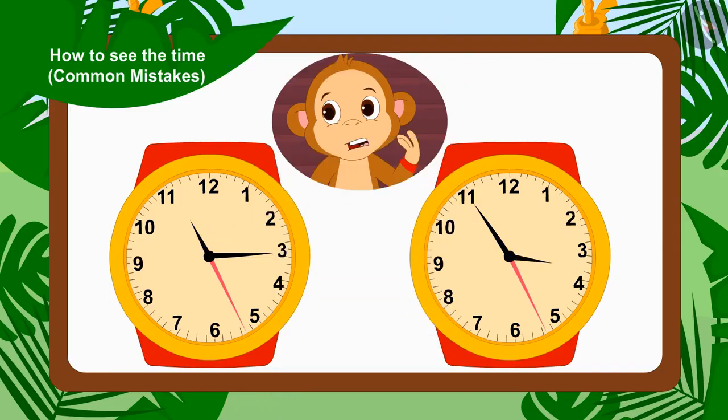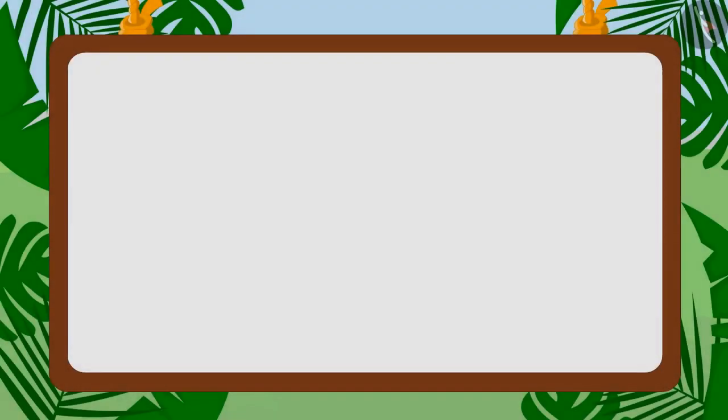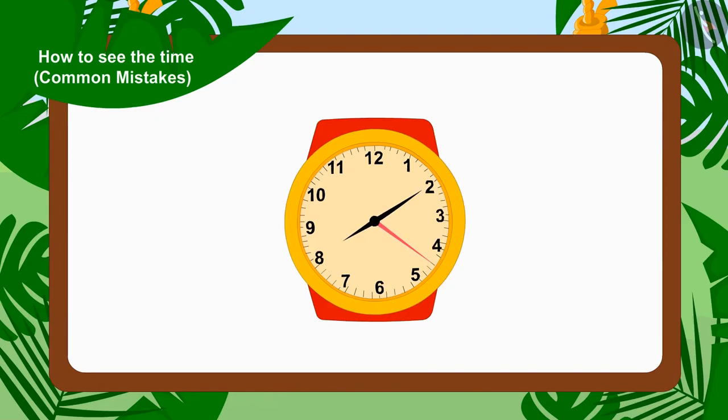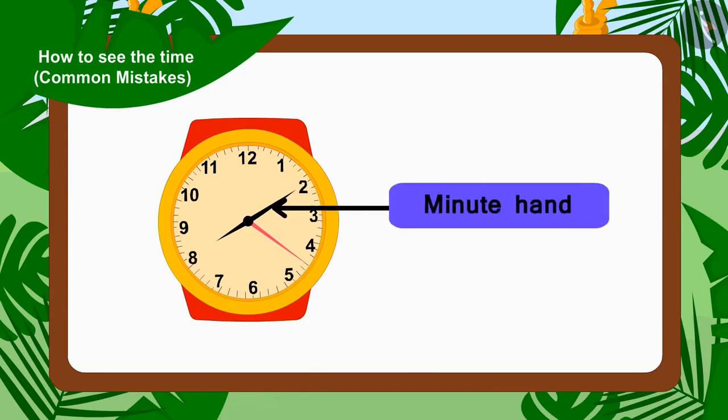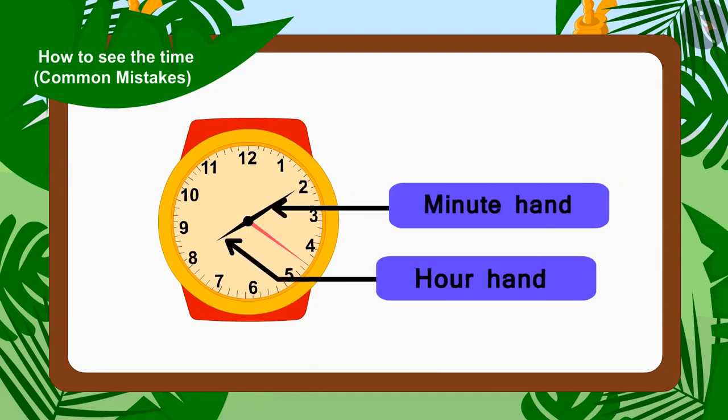So Babban saw the wrong time. Children, keep in mind, whenever you look at the time in the watch, identify the minute and hour needle properly and then guess the time.